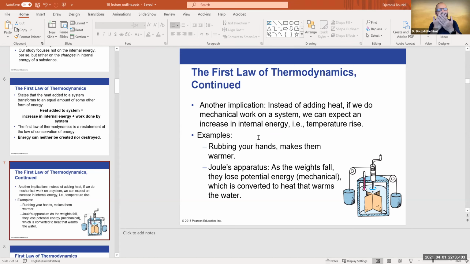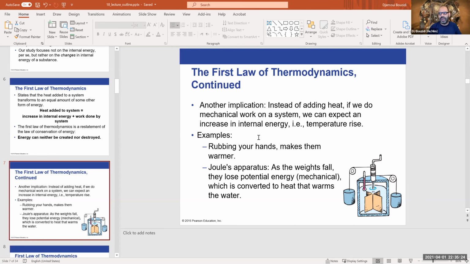So you have that feeling on your skin. So people thought that this is some sort of fluid, okay? They called it the caloric fluid, but they had no idea what that was. So they basically imagined that heat is some sort of fluid that flows from a hot source to a cold source all the time, because you can feel it and sense it yourself.